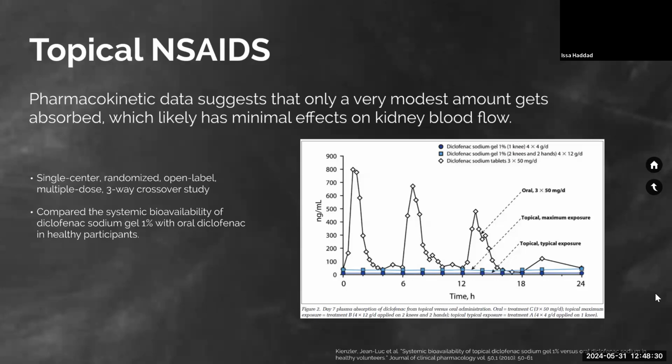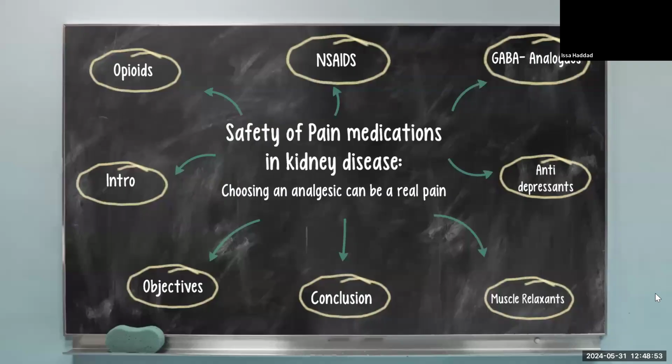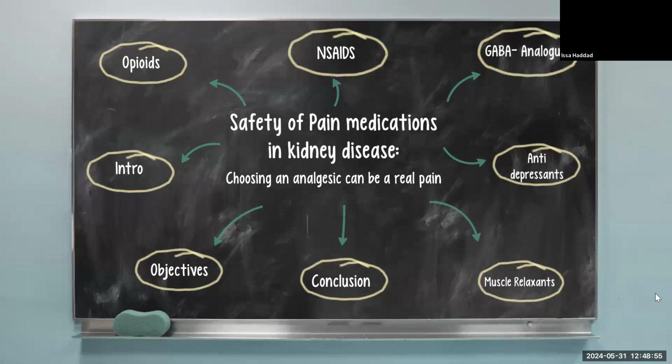However, this is compared to the oral ibuprofen or diclofenac sodium. This is at least one study that I could find. It's a single center randomized 3-way crossover, and basically it tells us that high systemic absorption is less likely with topical NSAIDs. Right.